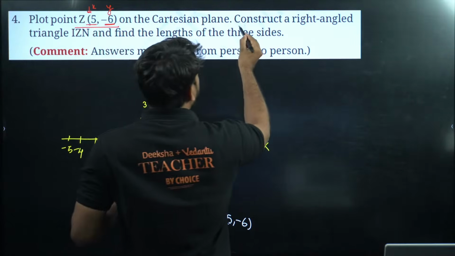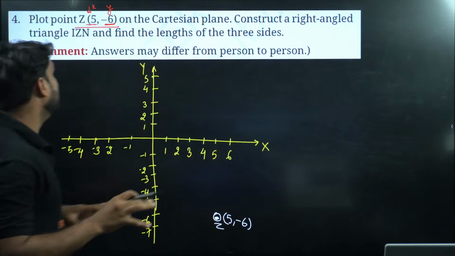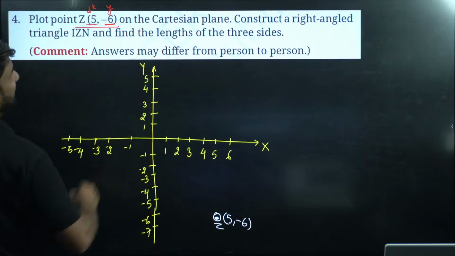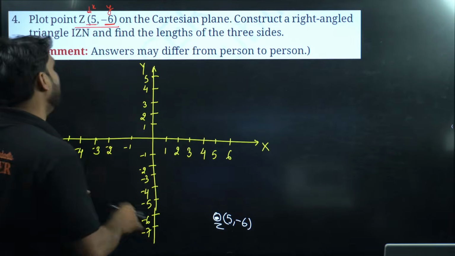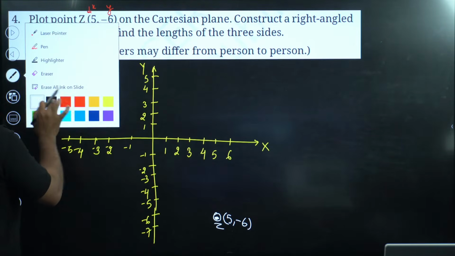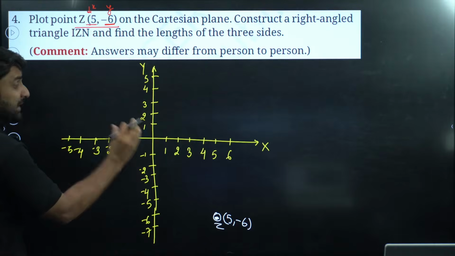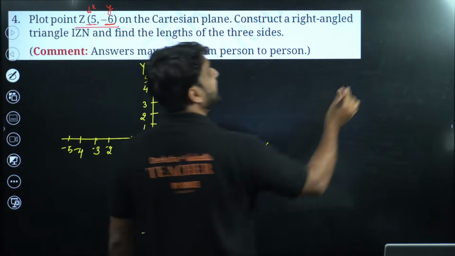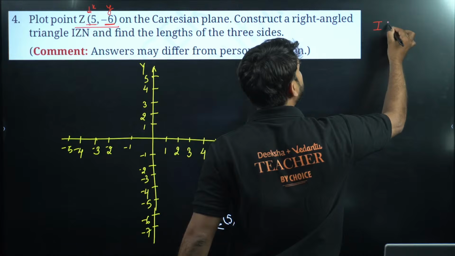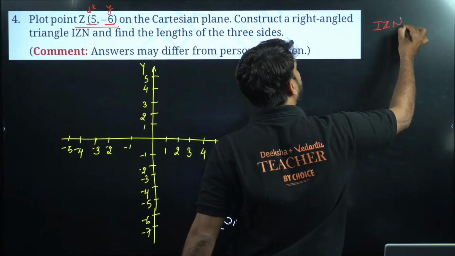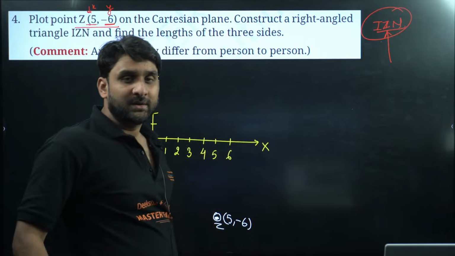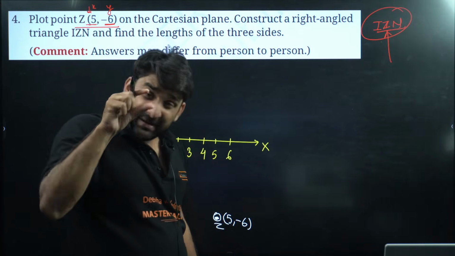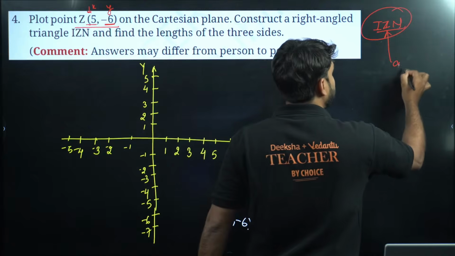Okay. Construct a right angle triangle IZN and find the length of 3 sides. Listen, champion. The question is asking you to construct a right angle triangle IZN. Please focus here. IZN. Z is the midpoint. Z is the middle coordinate. So Z is the position of 90 degree.